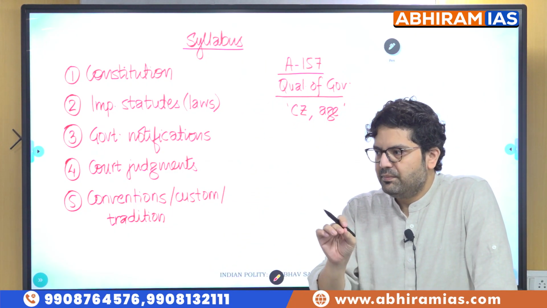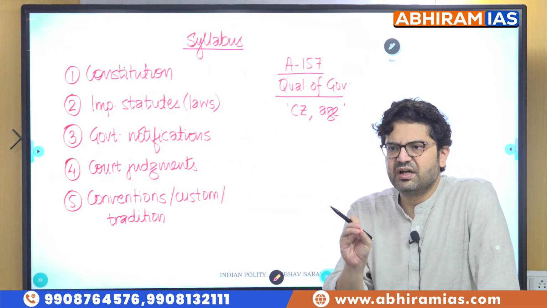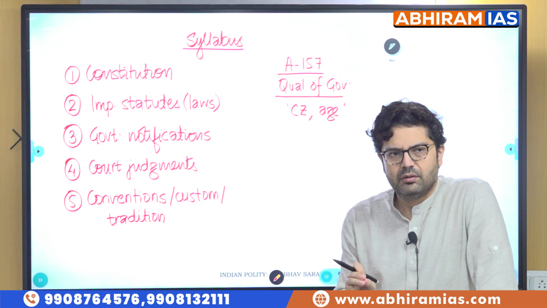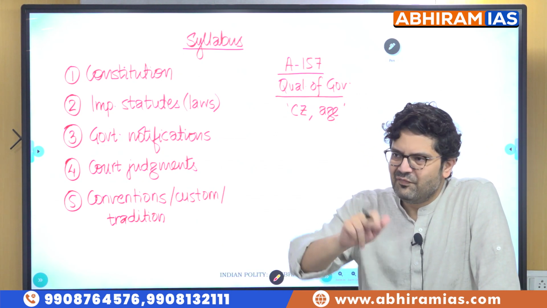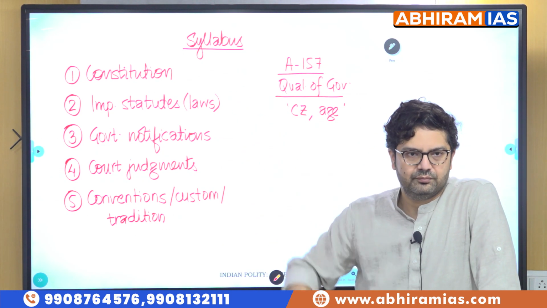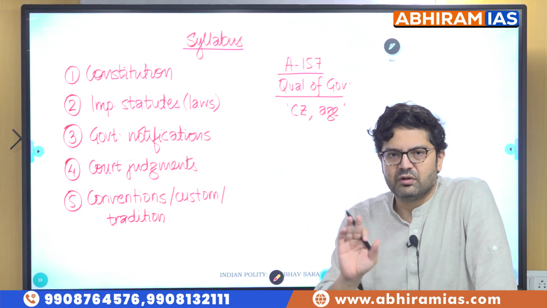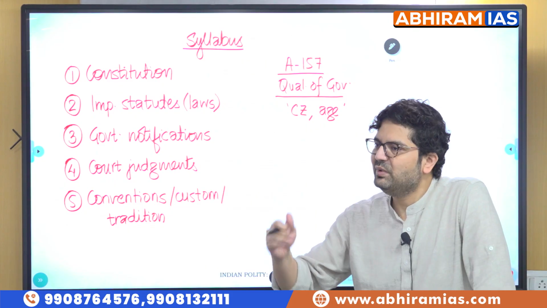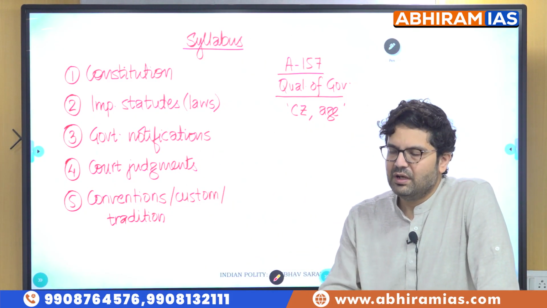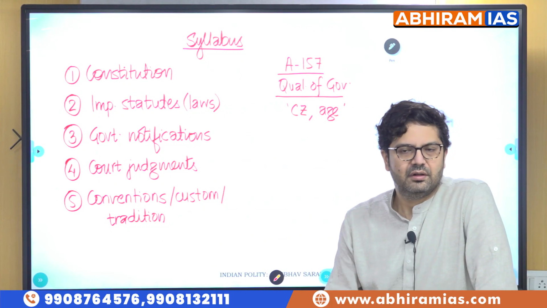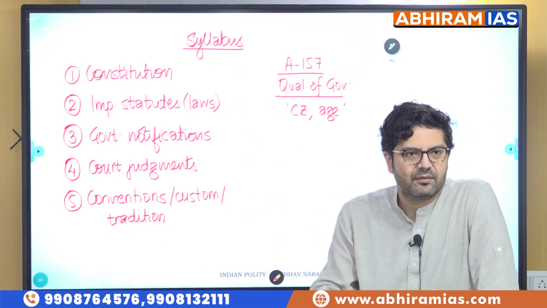Now, please do a simple task when you go home. You observe the governor of your state or any state of the country and check from which state the person belongs to. Okay. They will never be locals. They will always be outsiders. Your governor is an outsider. Andhra governor, outsider. Tamil Nadu governor, outsider. That is not mentioned anywhere.